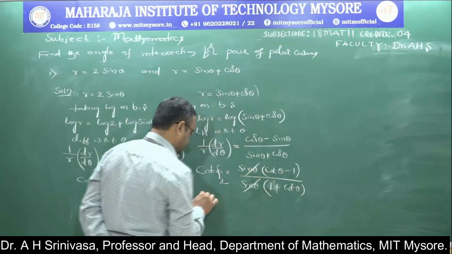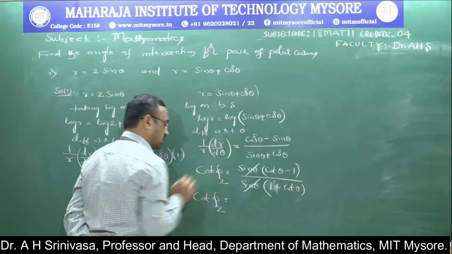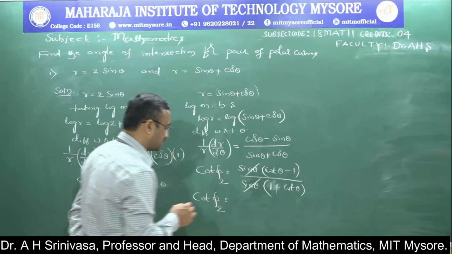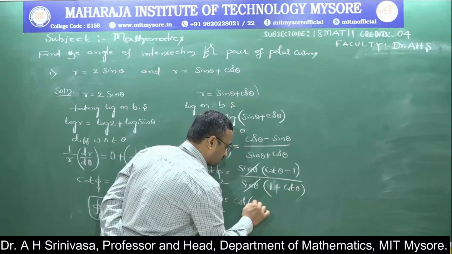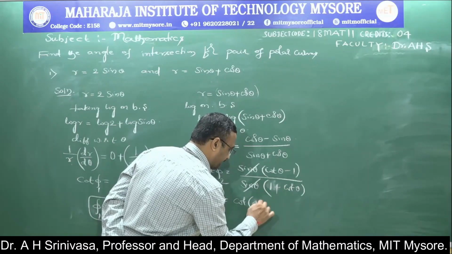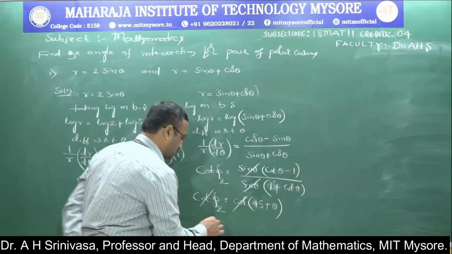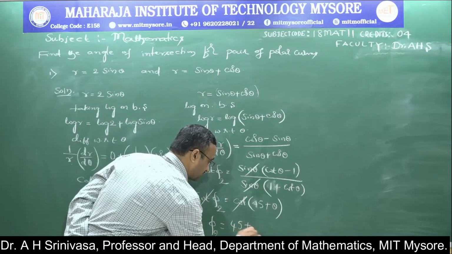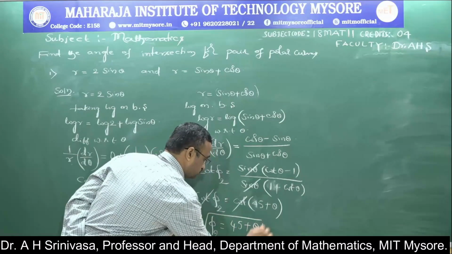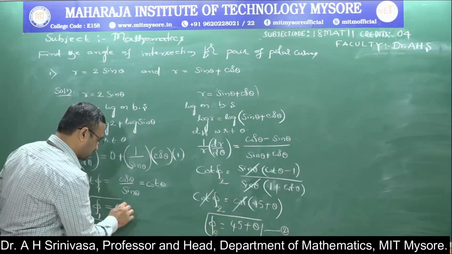Now on cancellation, you get cot phi 2 should be equal to cot of 45 degrees plus theta. And again cancelling these two, you get the value of phi 2 is 45 plus theta. Now call this equation number 2. Call this 1.